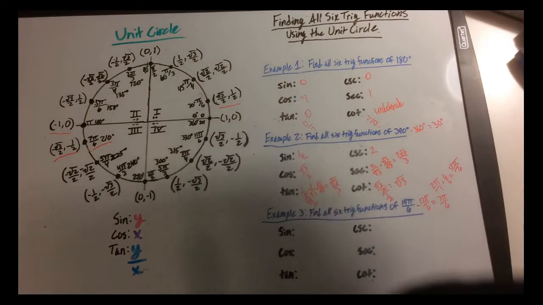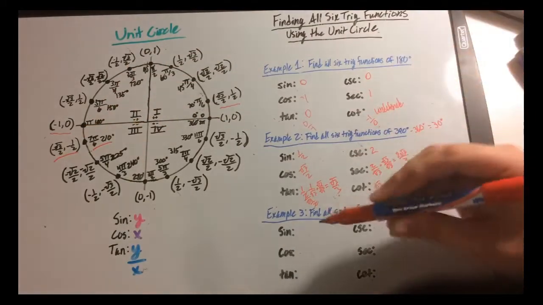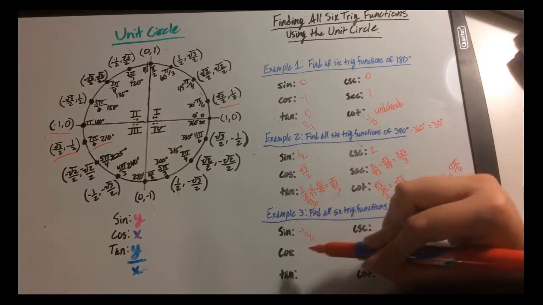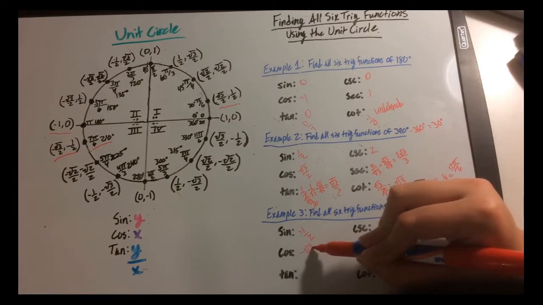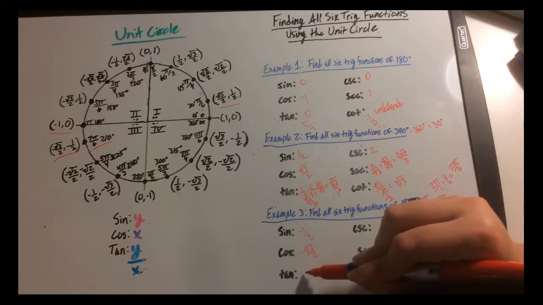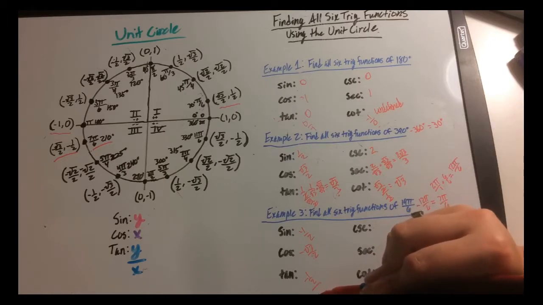So using the same processes as before, we'll be finding all the trig functions. So starting with sine again, we can see that here it's going to be -1/2, and cosine will be negative square root of 3 over 2, and tangent will be -1/2 over negative square root of 3 over 2.